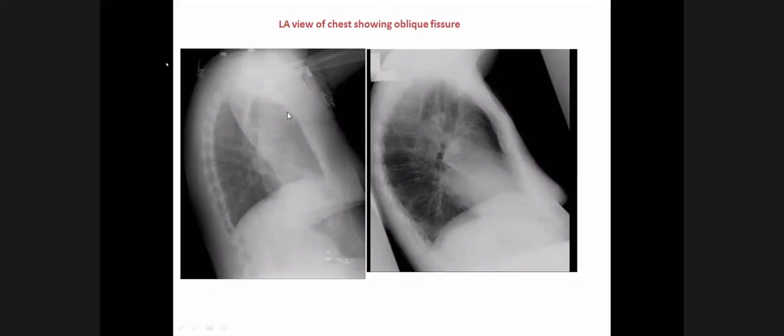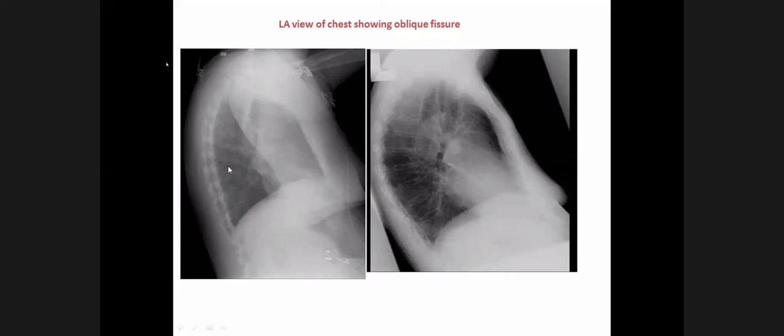This is a horizontal fissure. This is a magnified part of the chest X-ray to demonstrate the horizontal or minor fissure. For example, this is a lateral chest X-ray. This is the oblique fissure.